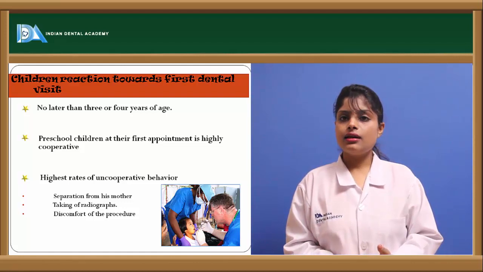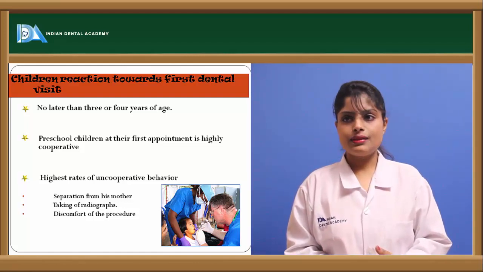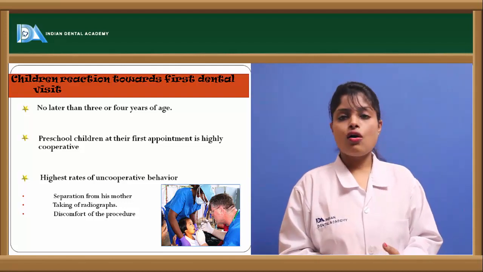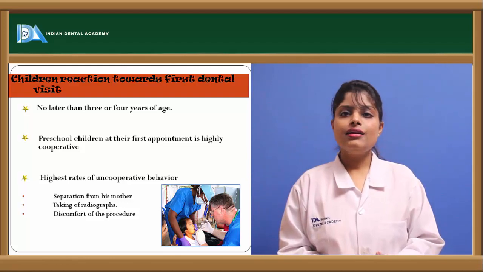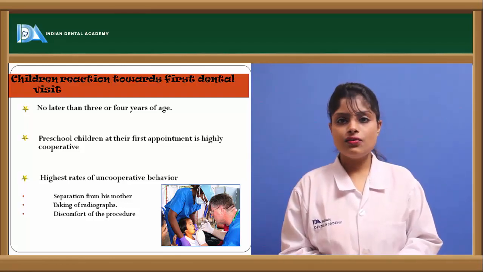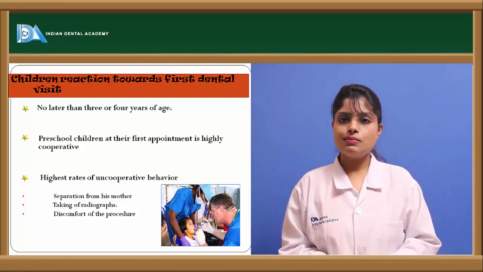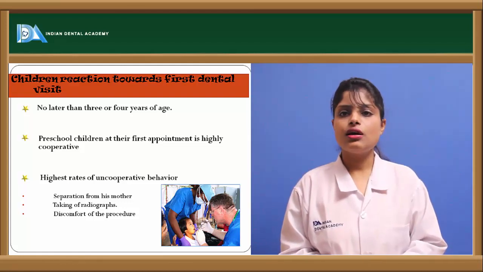Generally, it is seen that preschoolers have the best cooperative ability, and the highest rate of uncooperative behavior is generally seen if the child is asked to take dental radiographs or while receiving local anesthesia or injections. This may cause discomfort to the patient, so the patients may turn uncooperative.